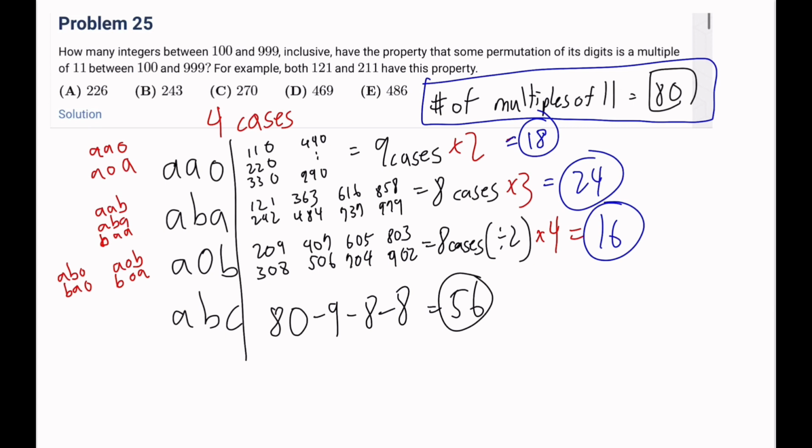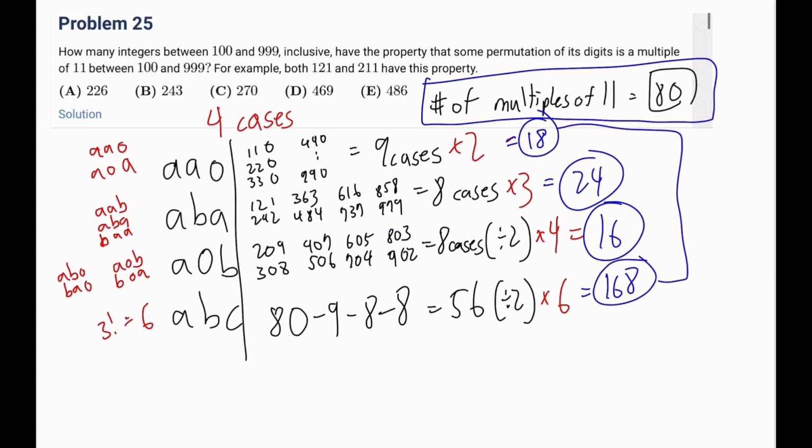Out of these 56, ABC and CBA would both be multiples of 11, so we have to divide by 2, just like A0B. And for ABC, we have 3 factorial, which is 6 ways, so this will be multiplied by 6. This is 28 times 6, which is 168.